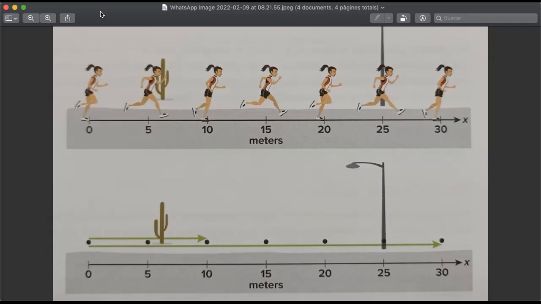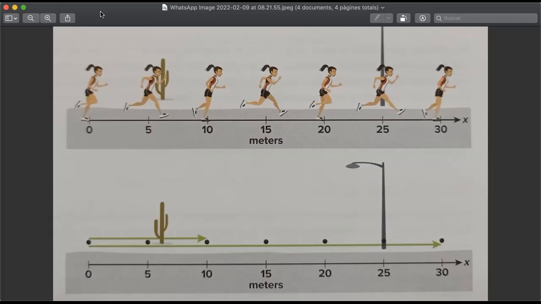So 0, 5, 10, 15, 20, 25, 30. I will put two different objects, like a cactus and a lamppost. And we are going to talk about the objects, the runner, the measuring tape, and of course, the stopwatches. But right now, they are not in the image.